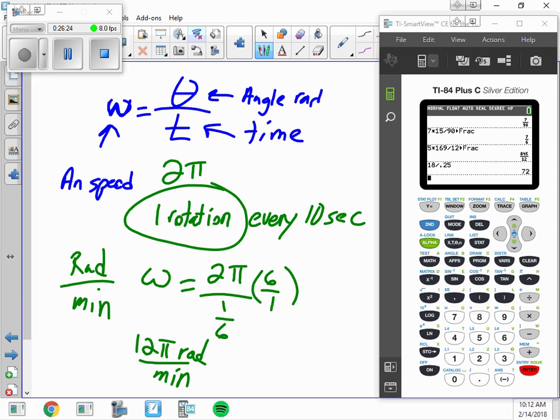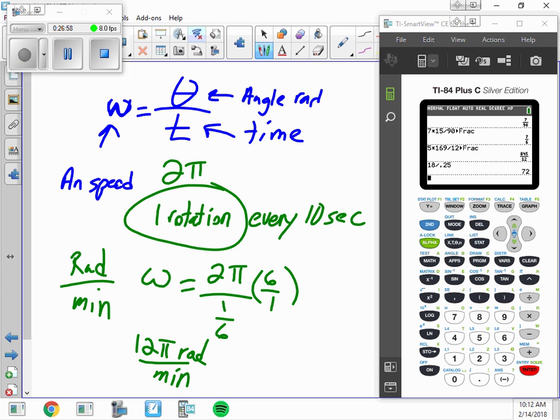Now, once again, they've made these formulas kind of confusing, but let's just think about it. If we can do one rotation in 10 seconds, and every rotation is 2 pi, how many radians would I complete in 1 minute? Well, that would be 6 2 pi's, right? So the formula is 2 pi divided by 1/6, but it just makes sense to say 6 times 2 pi.